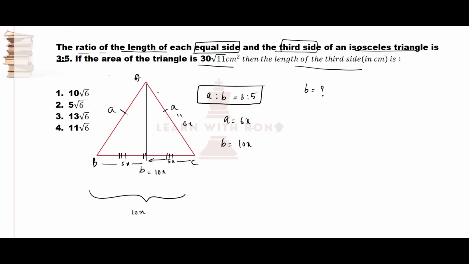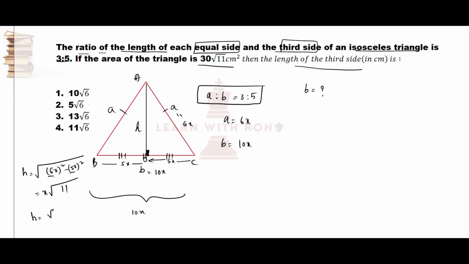And one more property in an isosceles triangle: we will get a perpendicular if you draw a cevian, which means AOC is a right angle triangle. So from this triangle, this is the height, right? From the Pythagoras theorem formula, height is nothing but the square root of (6x) whole square minus (5x) whole square, right? See, x we get common, 6 square is 36, 5 square is 25, 36 minus 25 will get 11.